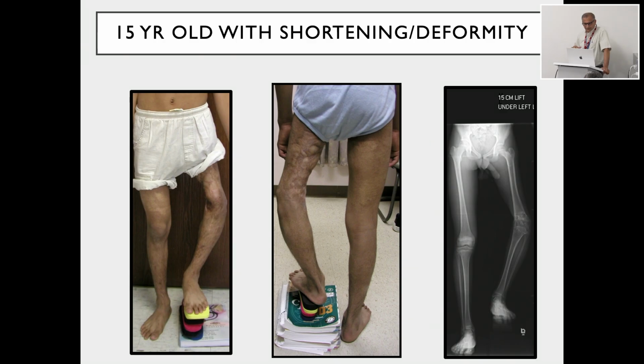He was a pedestrian struck by a motorcycle, had a bad skin road rash and a perichondrial injury when he was 5 years old. He came 10 years later with a 15 centimeter leg length difference and a lot of scarring around the knee. The apex of the deformity was at the knee, with bad skin.